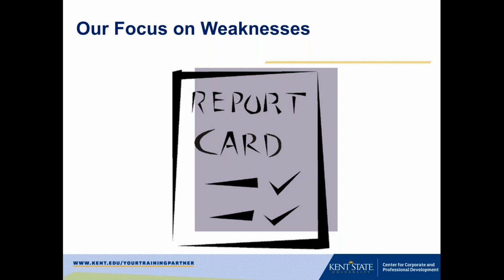And I have to admit, I was one of those parents at one point in my life. I have two daughters. One's in college and one's in high school. But back in the day, I remember my daughter one time came home with a report card in 5th grade, I think it was. And she had all A's and B's and then a big fat D in math. So what do you think my first response was looking at this report card?